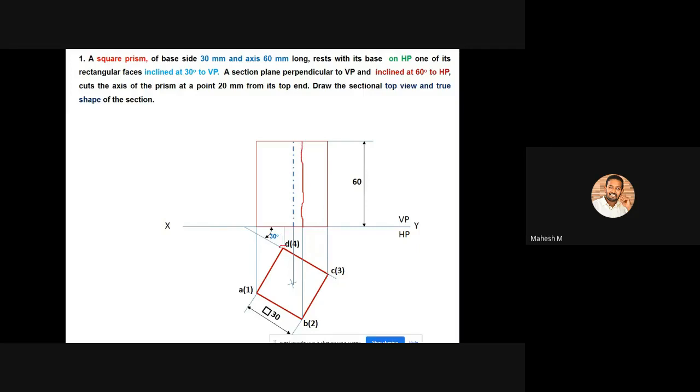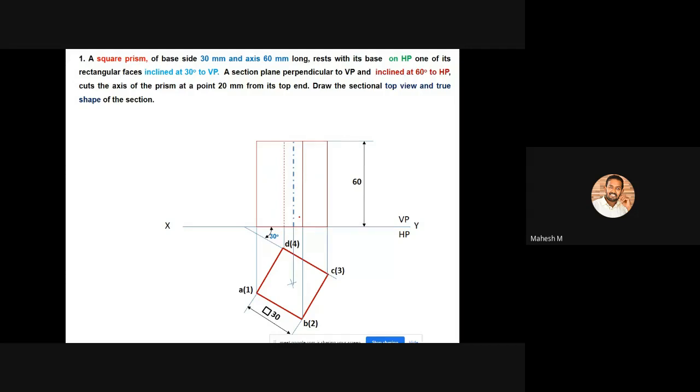Then this corner is not visible, so you have to create a dotted line for this corner, like this. So you can create a continuous line for B of 2, but only a dotted line for D of 4. In the diagram, is the highlighting clear? It is not highlighted yet.